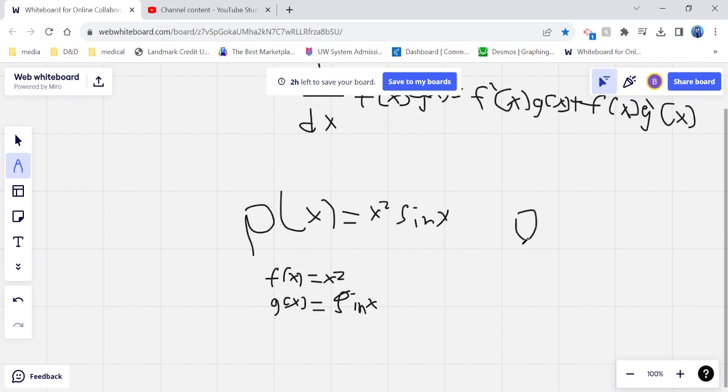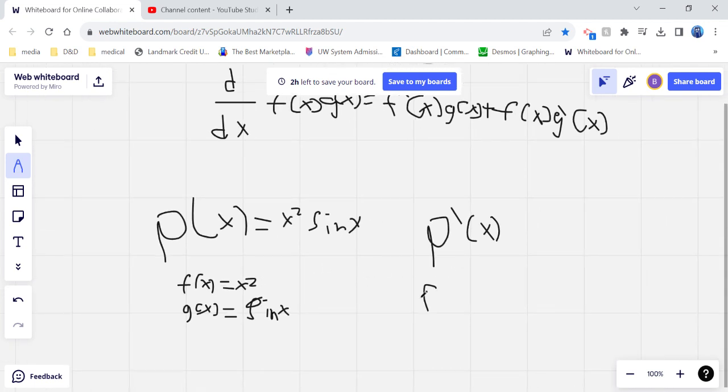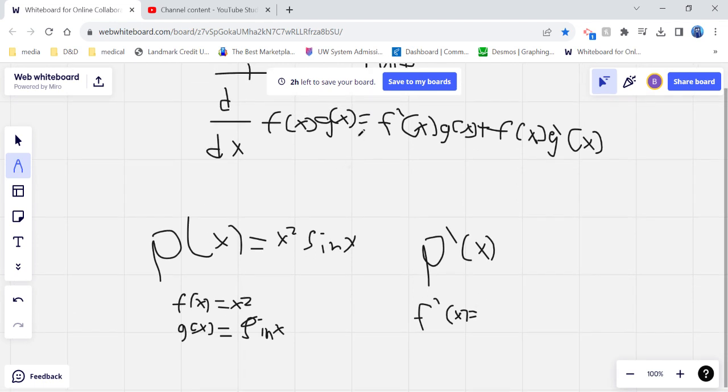So if we wanted to find p prime of x, we would just follow this formula, right? So let's define f prime of x and g prime of x, because we need those to work with this rule. So x squared, the derivative of that would be 2x using the power rule.